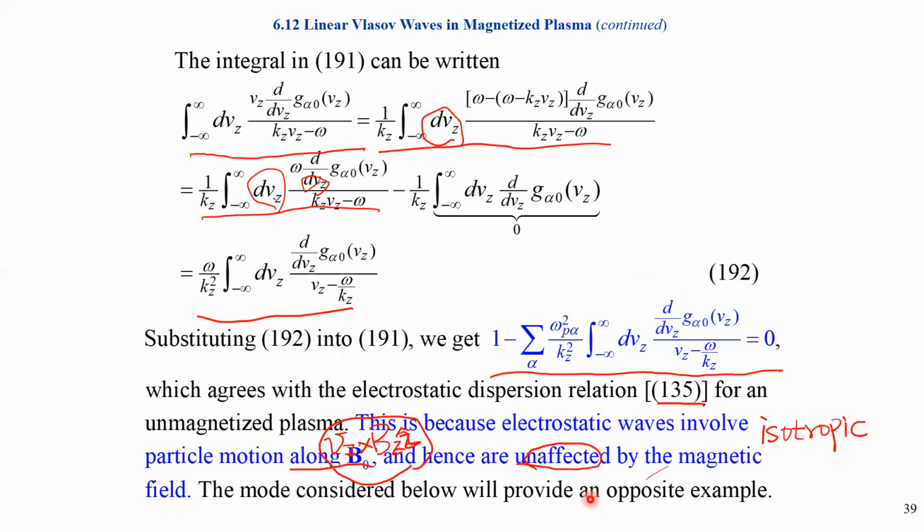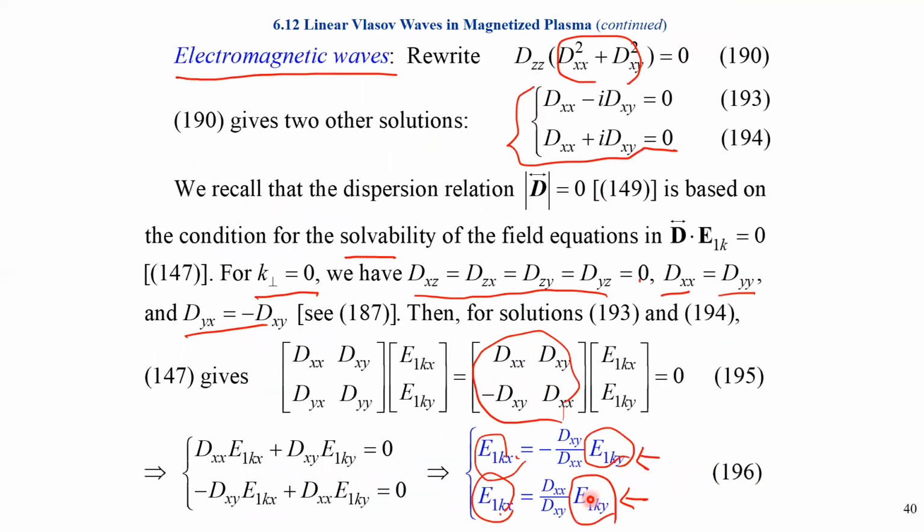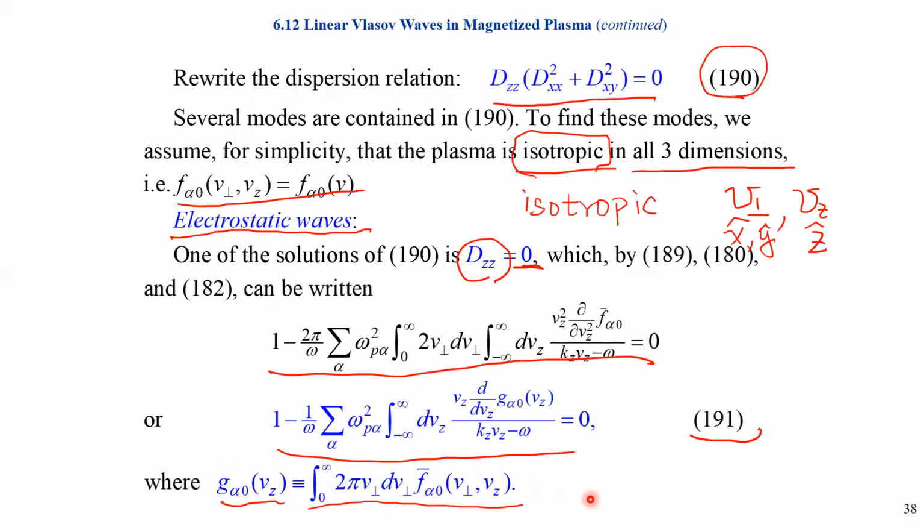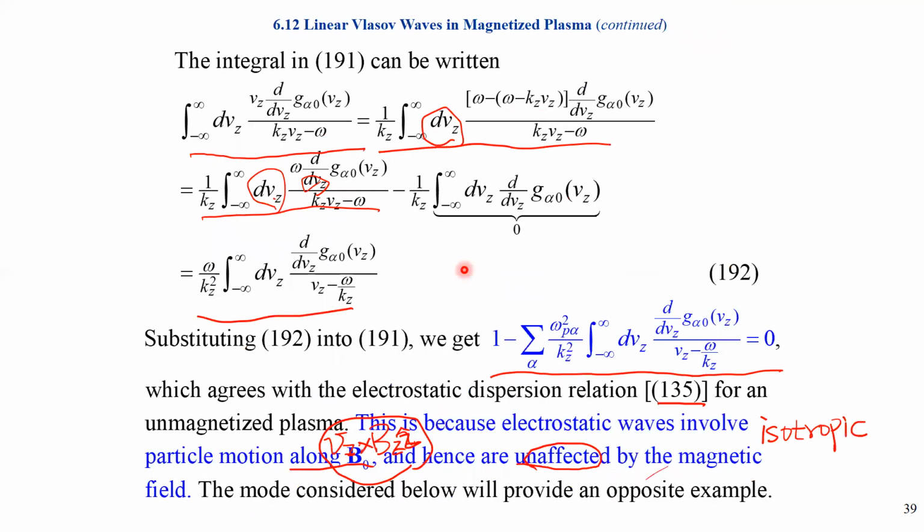So the first one is relatively easy. That's electrostatic wave. We discussed electrostatic wave over and over again. So the solution is quite similar. Eventually, we got these solutions.